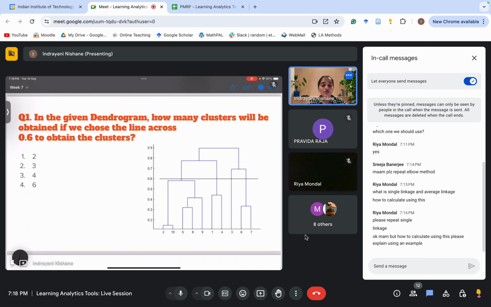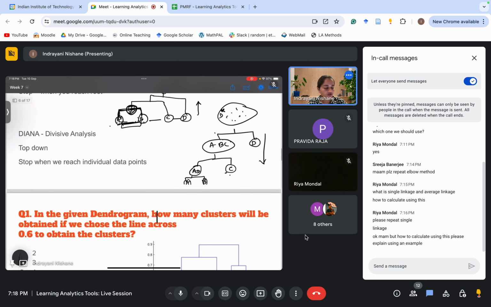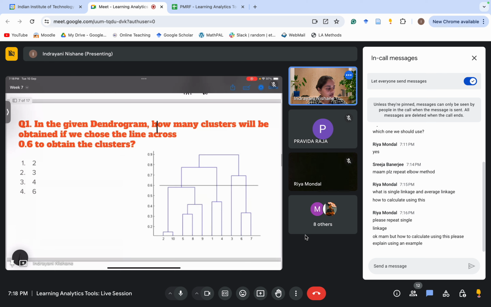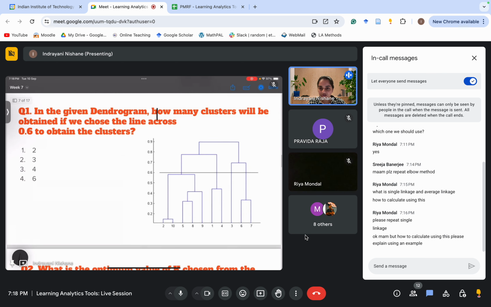Okay, so we saw the hierarchical clustering. It is also represented pictorially, every data point. So we saw here how the tree goes. This tree in a better way is represented as a dendrogram. Yeah, this tree structure is called a dendrogram.